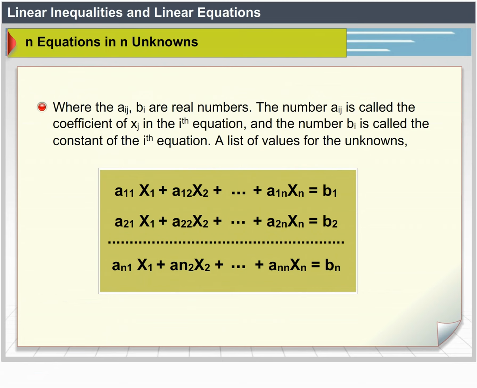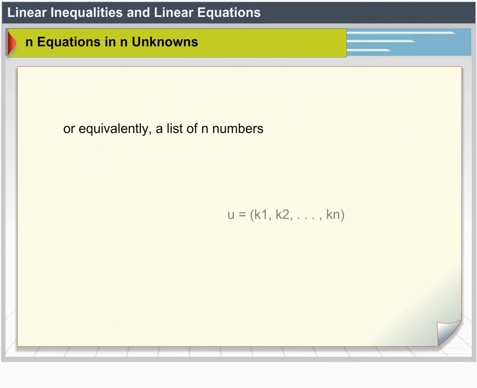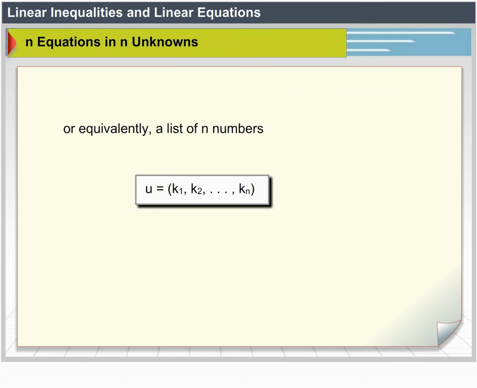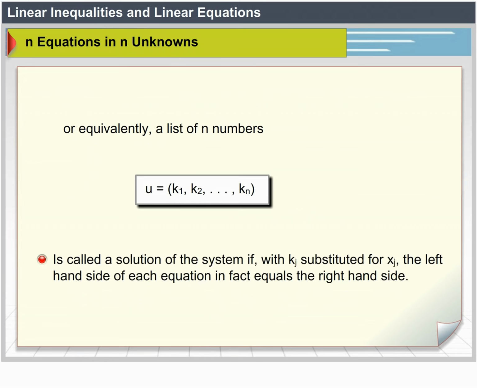A list of values for the unknowns: x1 equals k1, x2 equals k2, and so on up to xn equals kn, or equivalently, a list of n numbers U equals k1, k2, up to kn, is called a solution of the system if, with ki substituted for xi, the left-hand side of each equation in fact equals the right-hand side.